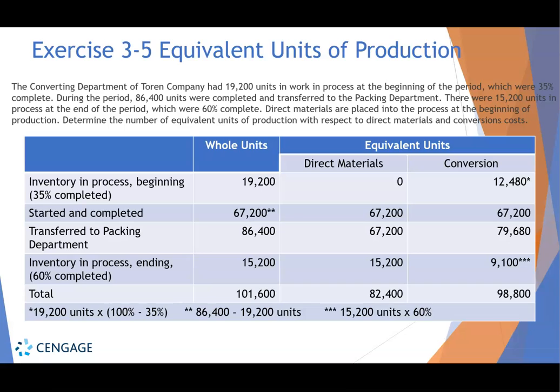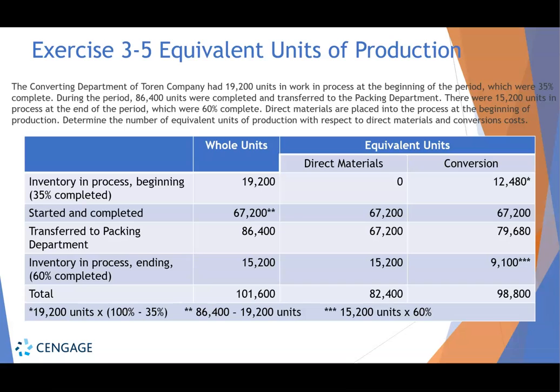Because the inventory, as far as direct materials, nothing was added for the beginning inventory in process. But since going into the month they were 35% completed, that would mean that during the month the conversion costs would have been added at 65%.